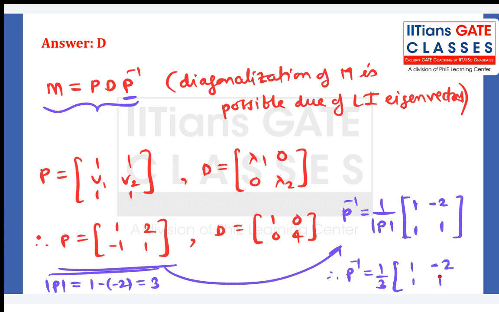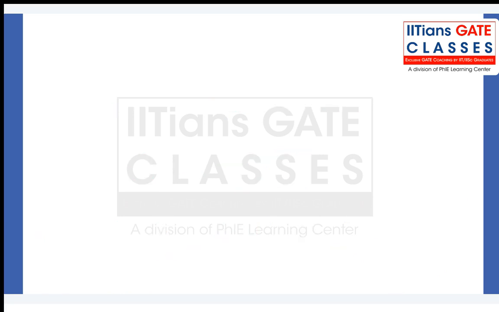Now you have everything, P D P inverse. Now you just have to do the matrix multiplication. So this M will be P, which is 1 minus 1 2 1, times 1 0 0 4, and there is 1 by 3 multiplied in P inverse.